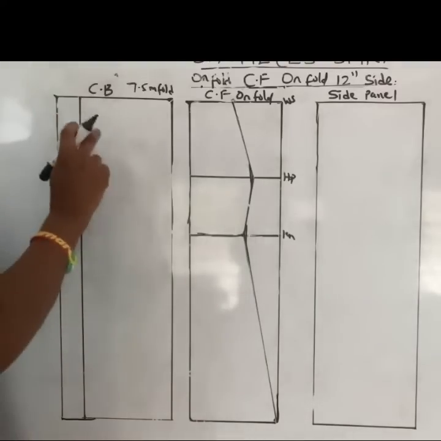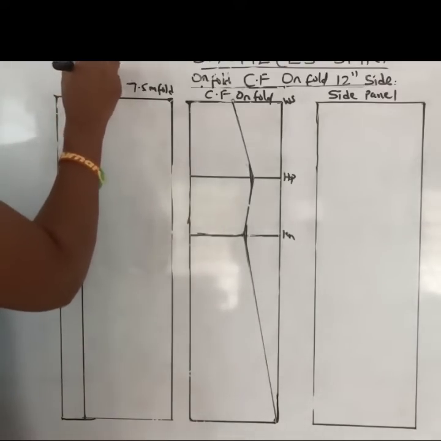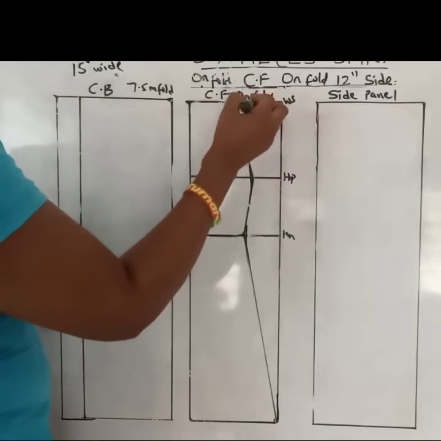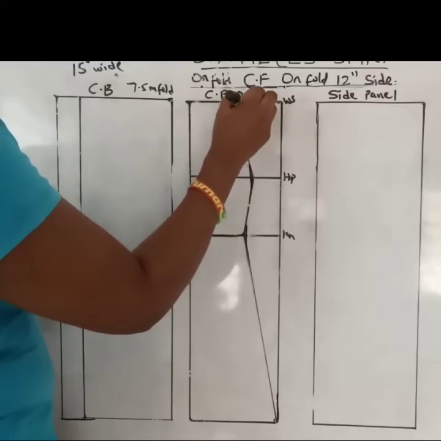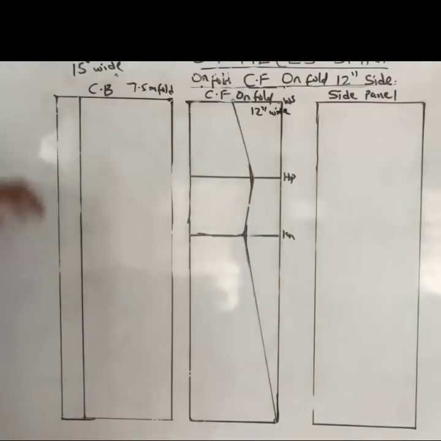So the wideness of the back panel should be 15 inches, while the front panel will be 12 inches wide. The extra 1.5 is to accommodate the zipper. So here is the zipper allowance.